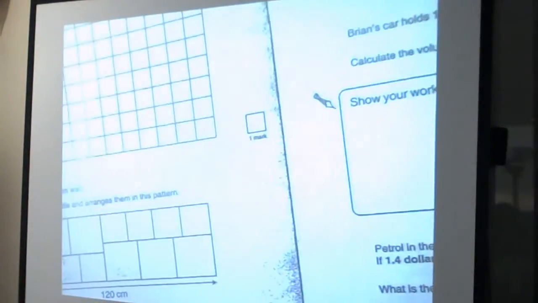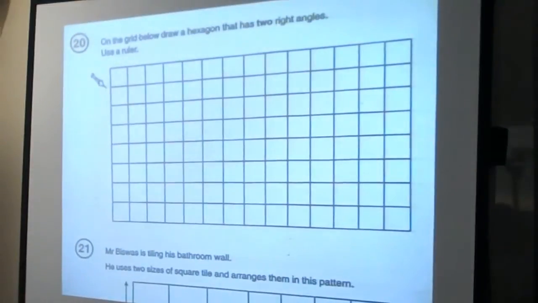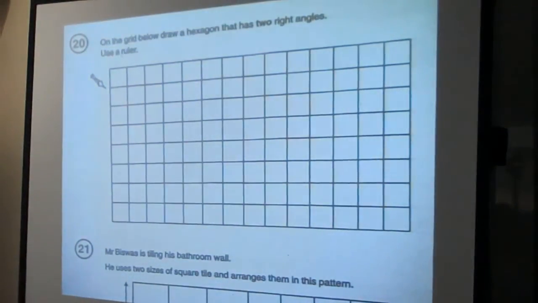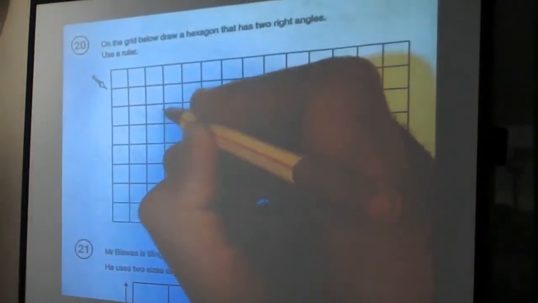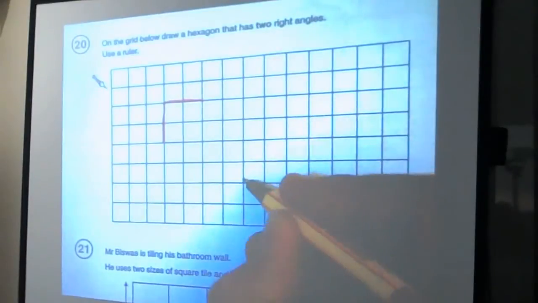Okay, we're coming towards the end of this paper now. On the grid, draw below a hexagon that has 2 right angles. So, for example, we can do something like this.